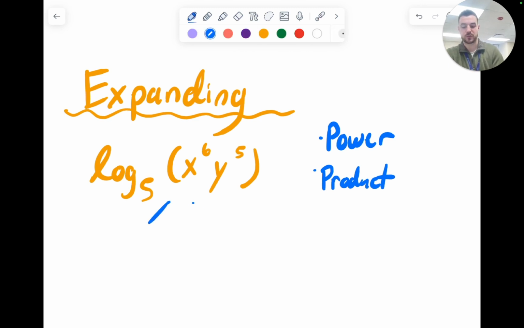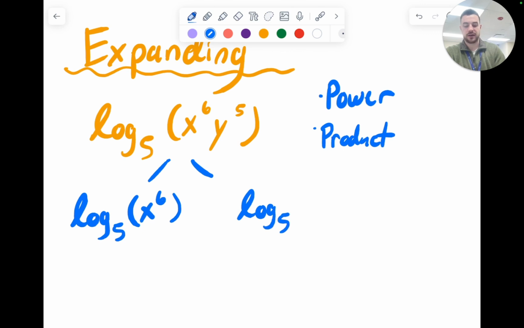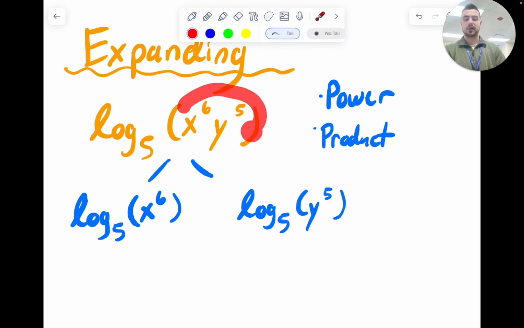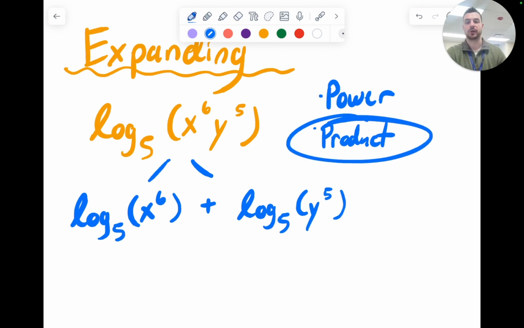So this is going to expand back out to two logs: log base 5 of x to the 6th, and then log base 5 of y to the 5th. Because we are multiplying those two values inside our argument, we are going to have a plus in between. Again, that is our product property.